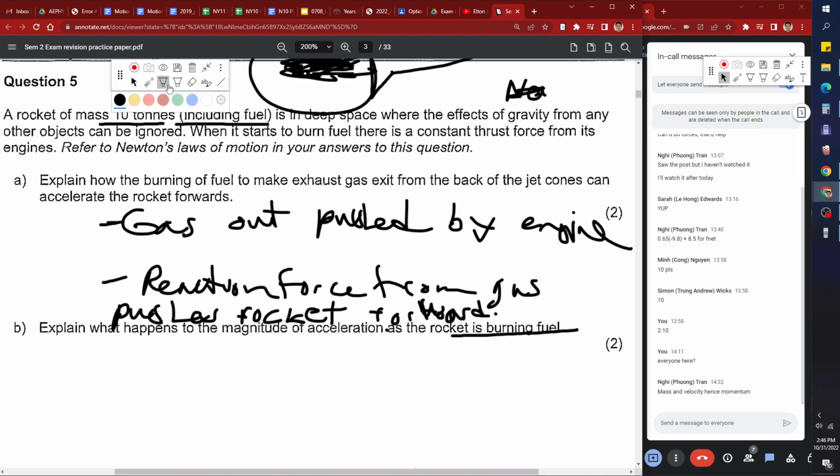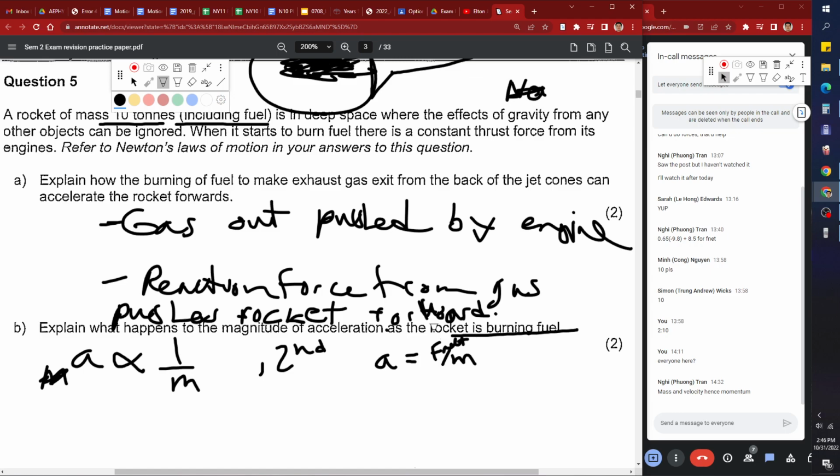Well, the burning of the fuel accounts for the mass of the rocket, right? So we know that acceleration is proportional to the inverse of the mass. And this is Newton's second law, where acceleration equals F net divided by mass, right?